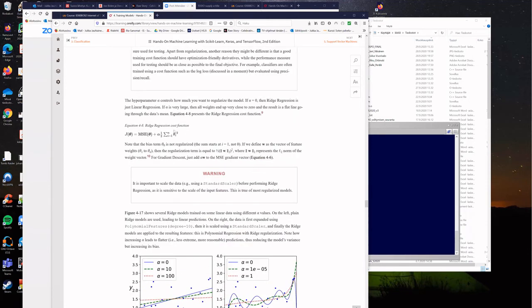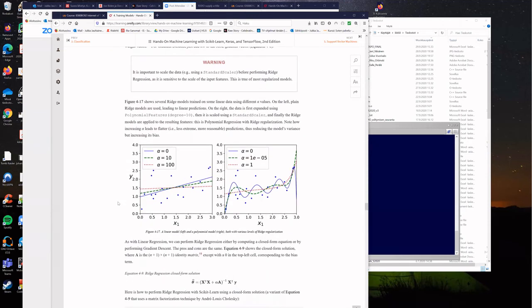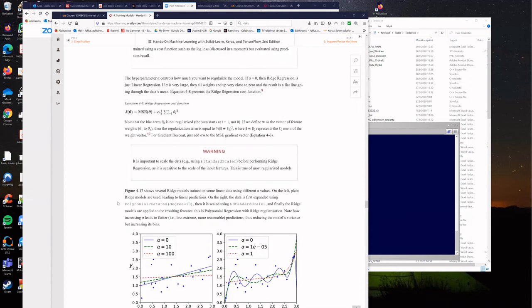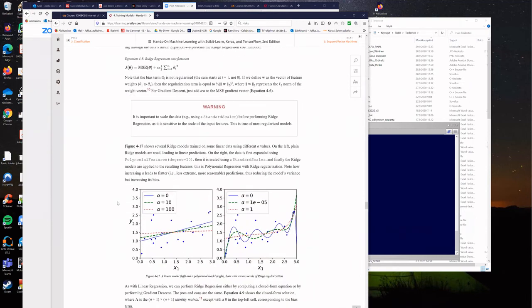I'm not going into detail of what this means mathematically. We just need to know in this course that there are ways to make this regression better by adding some restrictions to the model, which can be controlled with this parameter alpha.